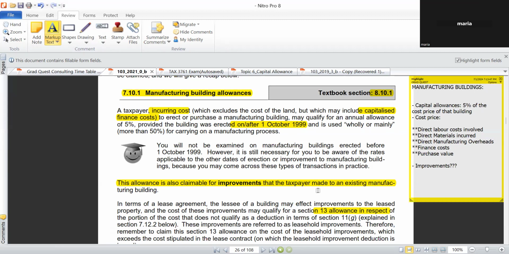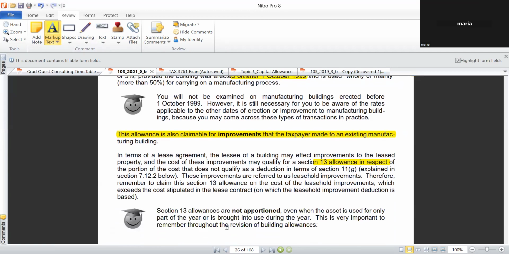How do we account for the improvements of the property? You take the costs of improvements incurred and you also multiply them by 5% in order to give you the capital allowances thereof.